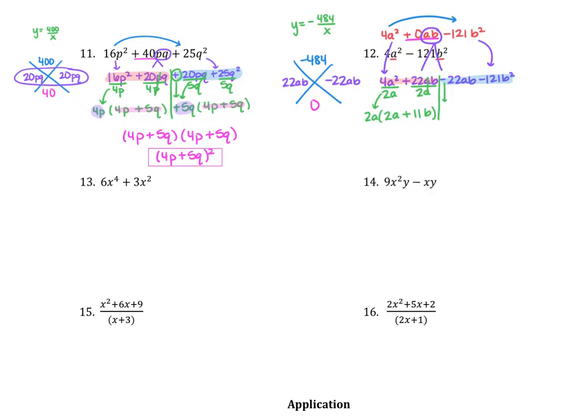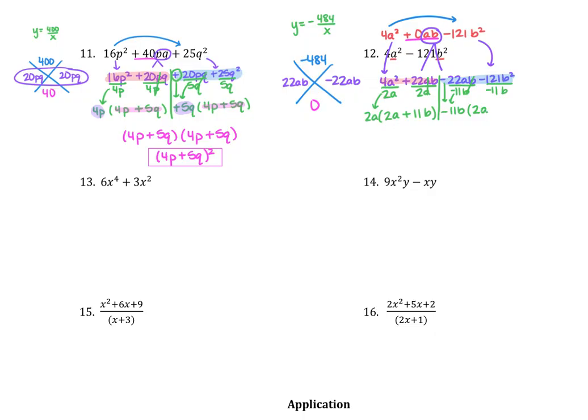Drop this sign down. I notice that 22 and 121 have an 11 in common, and they both share a b. So negative 11b is my GCF. Now I'm going to divide. Negative 22 divided by negative 11 is positive 2. If I pull a b out, I'm left with a.